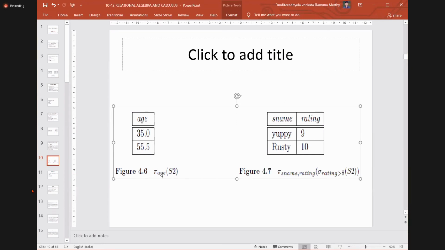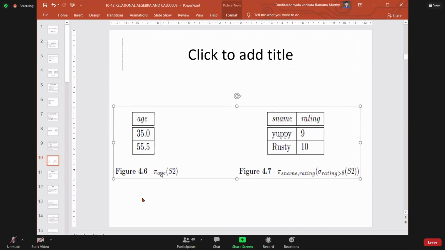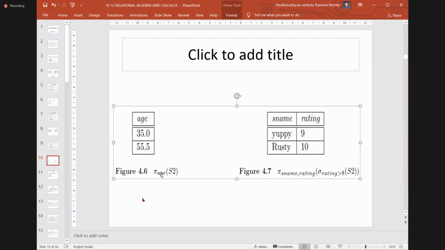For example, I want the S name and rating from the S2 table, but not unconditionally. Now that we have identified column projection separately, I want S name and rating from the previous table, but this time only where the rating is greater than 8.